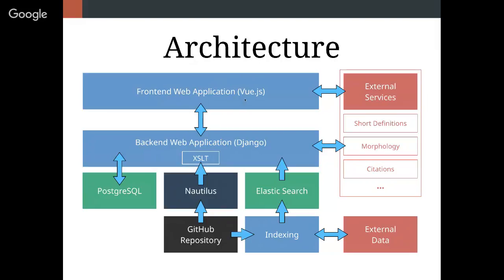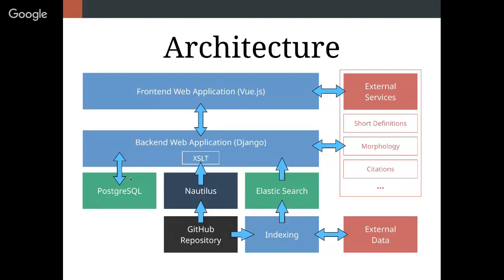Now, the front-end web application, as well as making use of HTML and CSS, has a considerable amount of JavaScript written in a framework called Vue.js. And we'll talk a little bit about Vue.js later on when we're looking at some code. But Vue.js is a very nice component framework for front-end web applications.